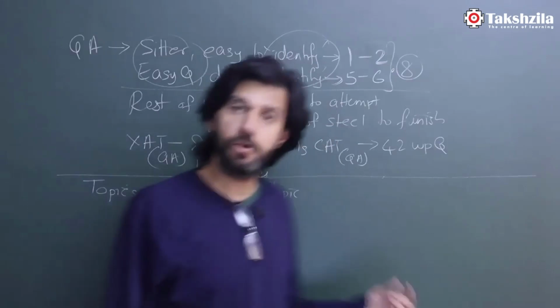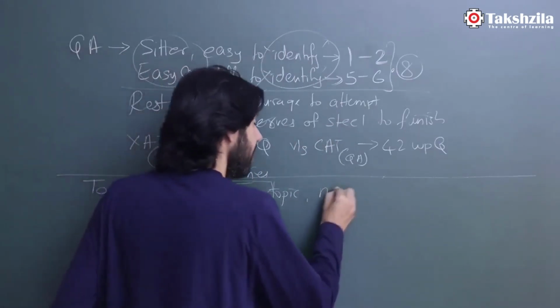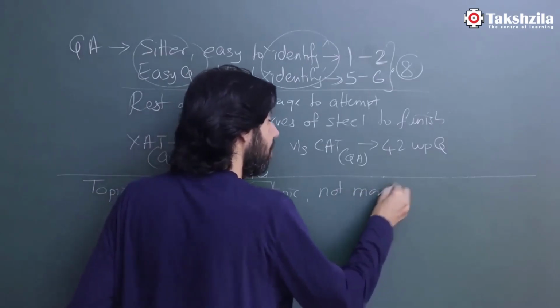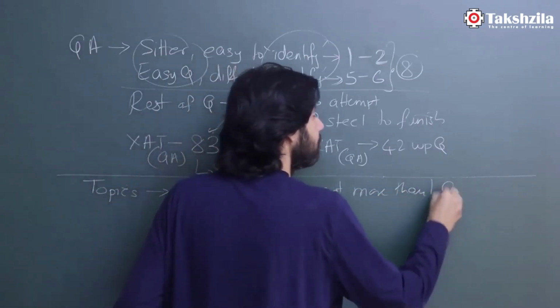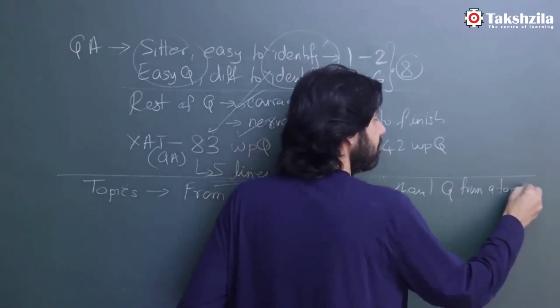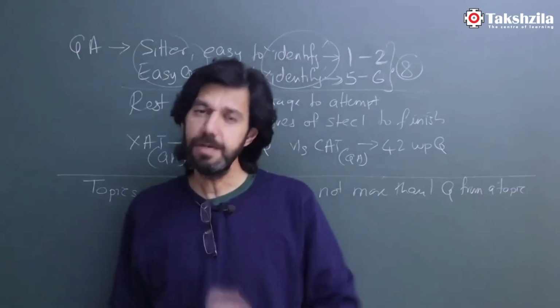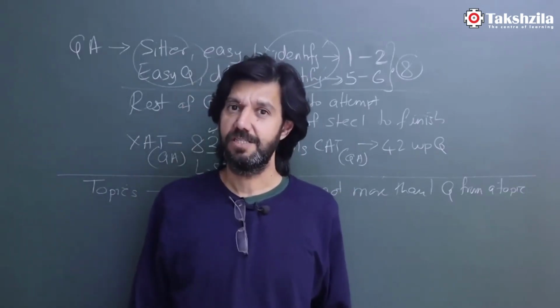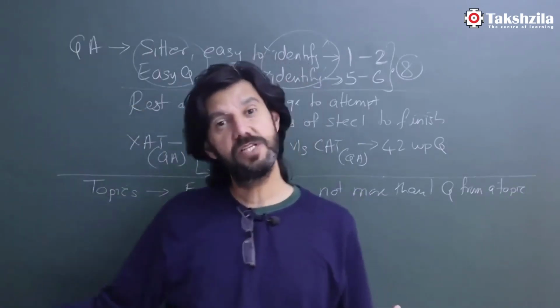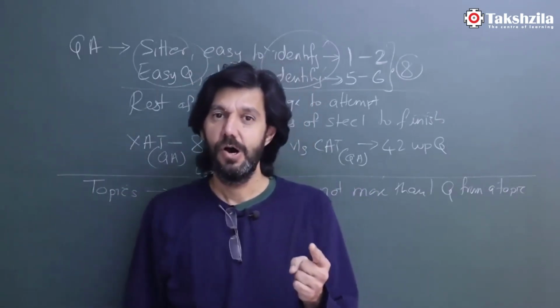So remember, questions can be from any topic, and what is more interesting is there is not more than one question from a topic. So obviously I'm not counting entire algebra as a topic, but functions, there would not be more than one question on functions. In CAT you have seen quite often that almost 3-4 questions you can get on functions or the same.